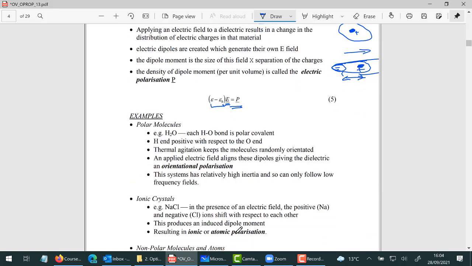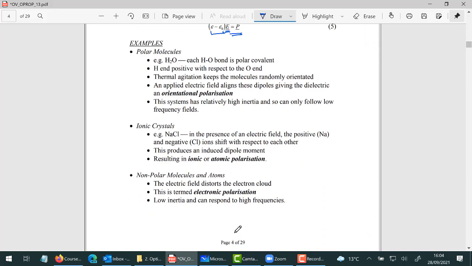We can consider different groups of materials, for example, polar molecules. So molecules which have a positive end and a negative end. One of these is water, H2O. The hydrogen end is positive with respect to the oxygen end, and so with thermal agitation, under normal thermodynamic equilibrium, the molecules will be completely randomly orientated.